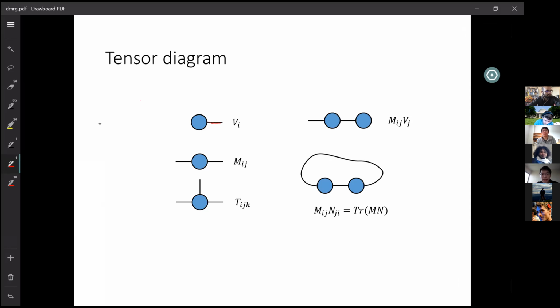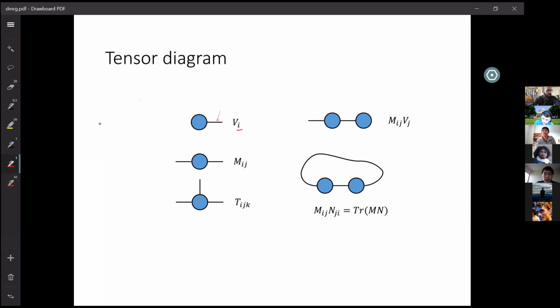That's called an index. So here, what you see is a tensor with one index, that is a vector. Sometimes we call this a leg, or sometimes a bond. We call the thickness of the bond the bond dimension, that is how many values this index can take.